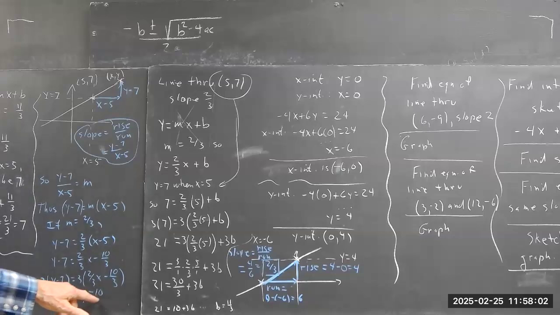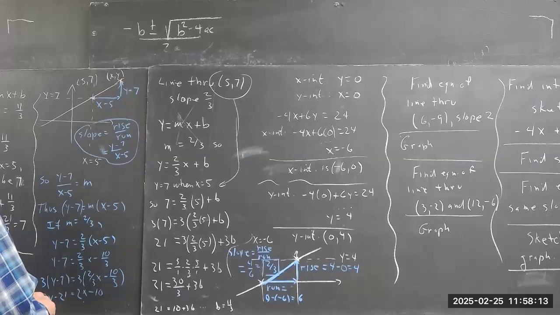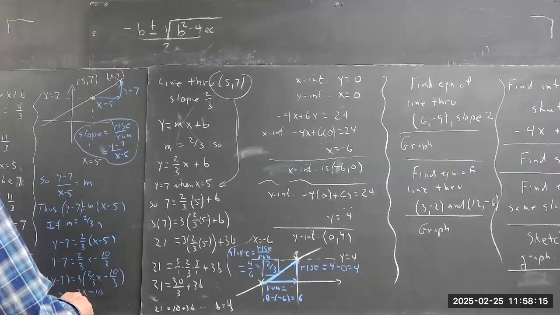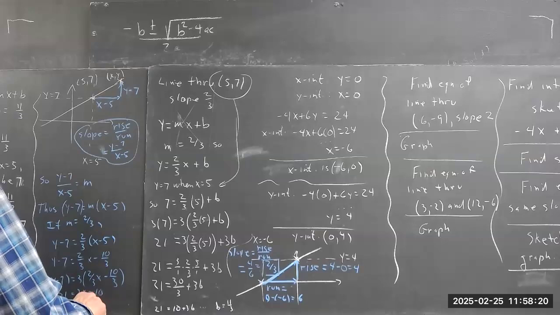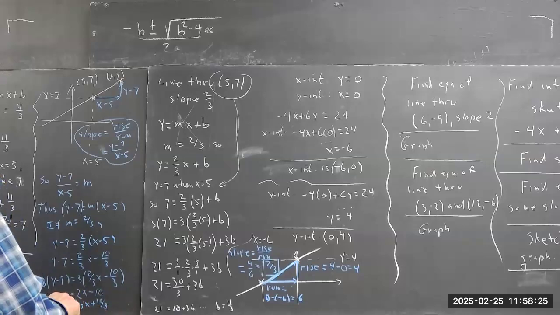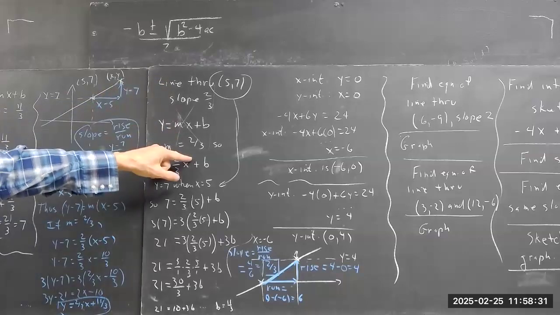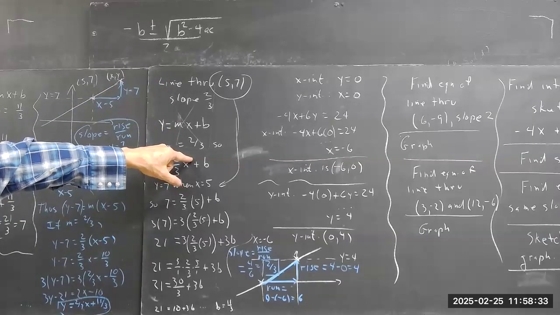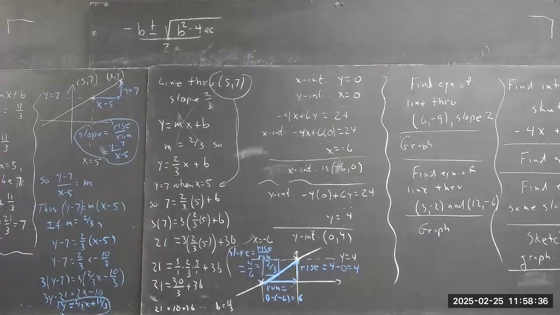So we get 3y minus 21 equals 2x minus 10. Well, we can add 21 to both sides. We have 2x plus 11, divide both sides by 3. I don't have room, I'm just going to put 3 dots there, but that's very easy to solve. And you get y equals 2/3 x plus 11/3, the same thing you get if you use this method. Okay.